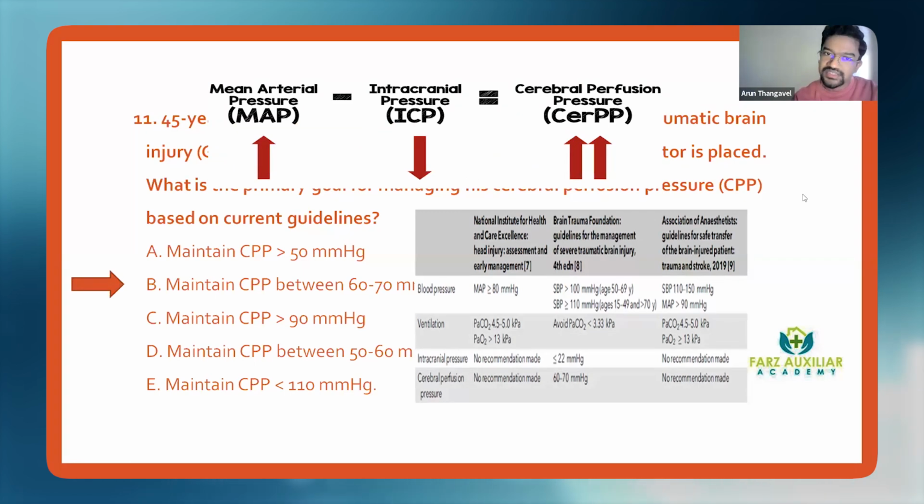In other organs, we subtract the central venous pressure, but for the brain, intracranial pressure is more relevant because it's a tight space and closed environment. Remember the Monro-Kellie doctrine, so that's why we use intracranial pressure in this formula. The Brain Trauma Foundation clear-cut guidelines say the cerebral perfusion pressure should be between 60 to 70, which is ideal.